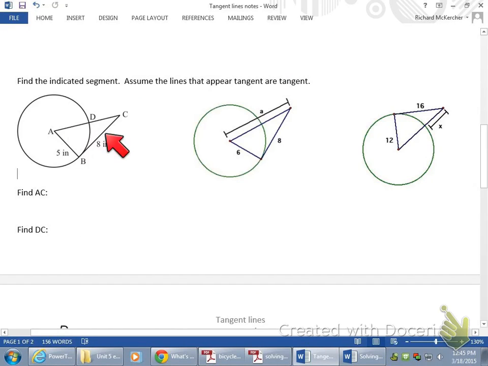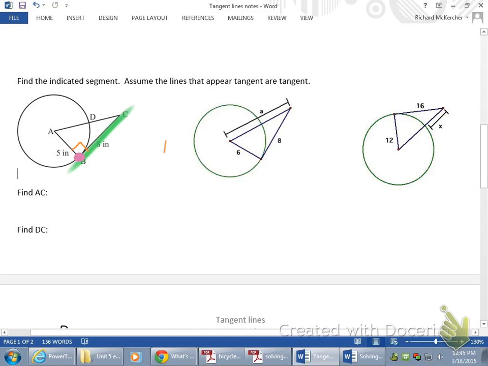Alright, so this time I'm going to find missing segments. We're going to look at this picture to start with. First thing I need to do, it does say assume that lines that appear tangent are tangent. So I want to assume this is the line that I believe is tangent. So I'm going to assume it is tangent and say that it's perpendicular. Because it's perpendicular, that gives me a right triangle.